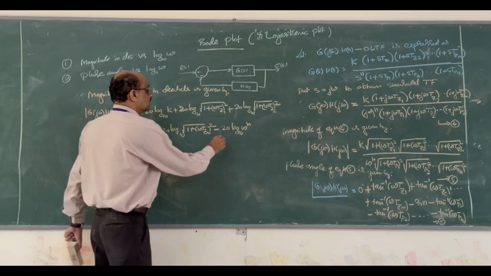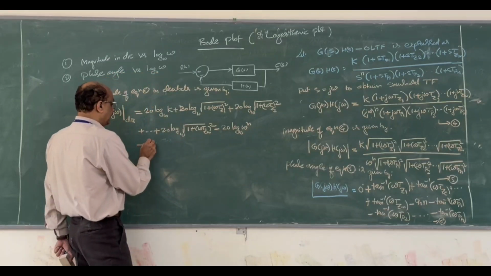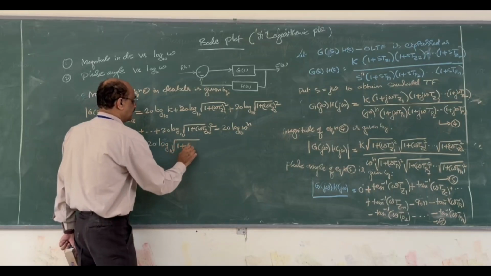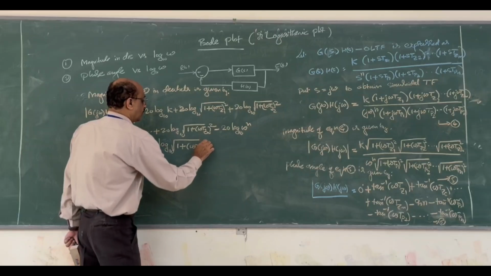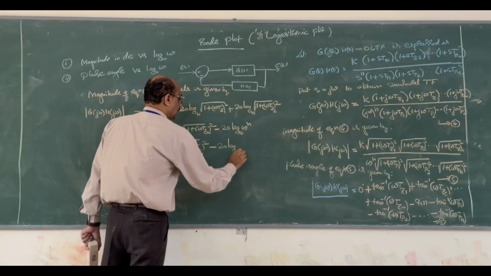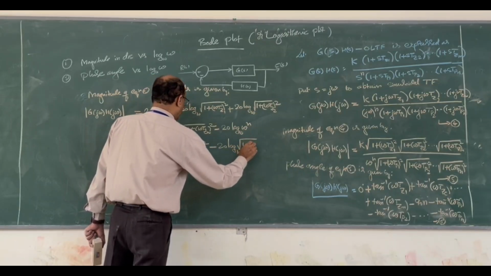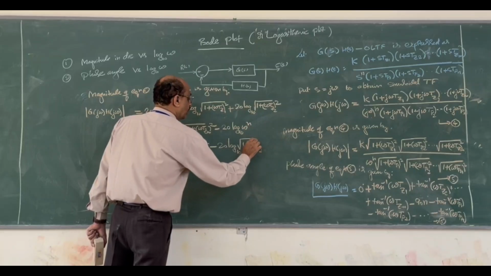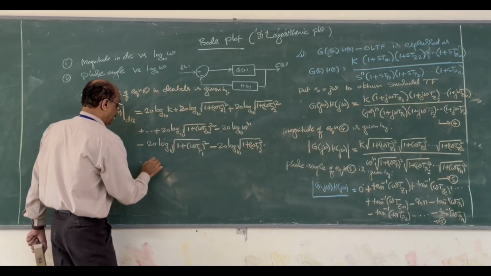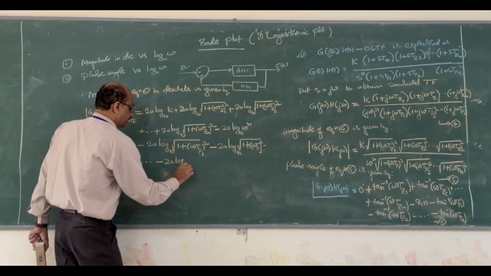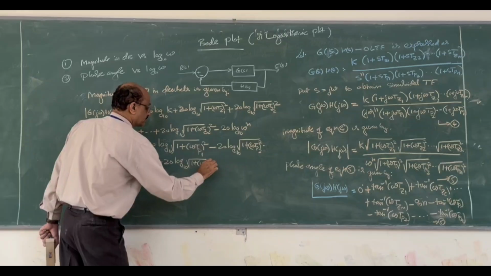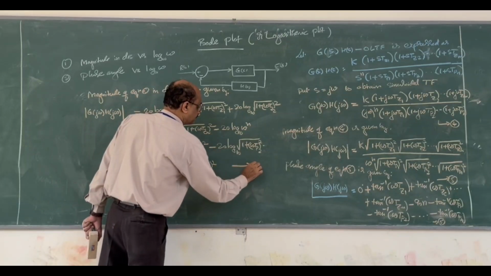Then I have the other factors: minus 20 log 10 root of 1 plus omega Tp1 whole square, minus 20 log 10 root of 1 plus omega Tp2 whole square, and so on, minus 20 log 10 root of 1 plus omega Tpn whole square. Let me call this equation 7.